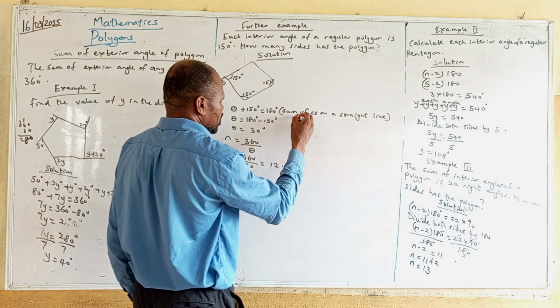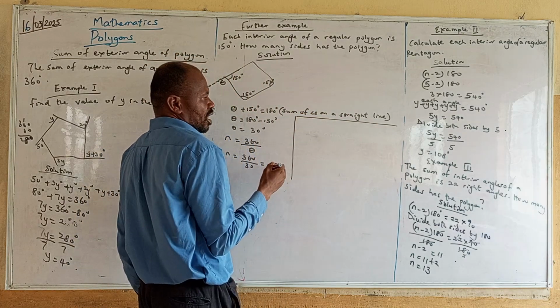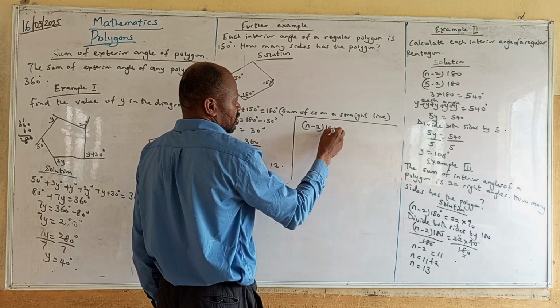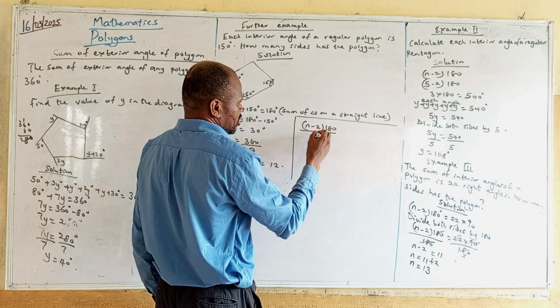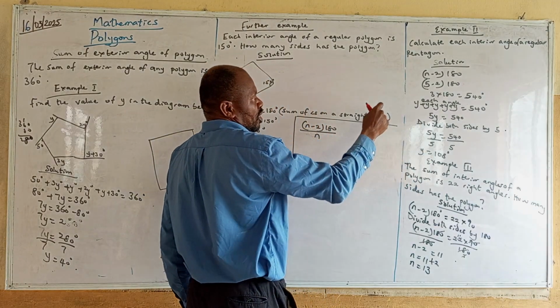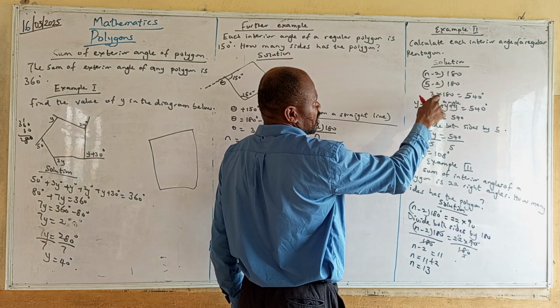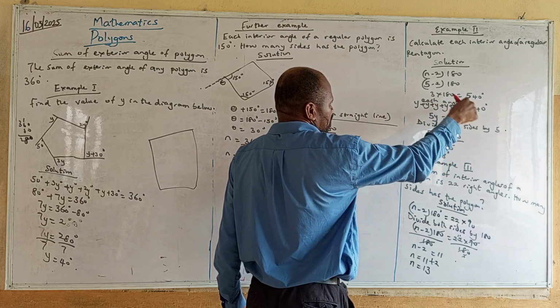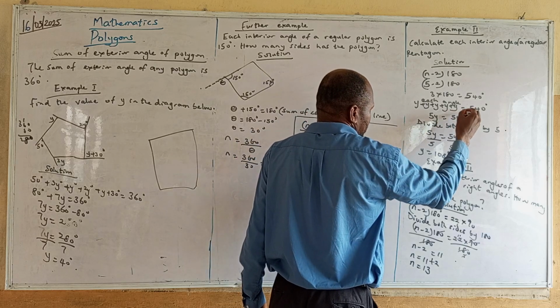Alternatively, let me solve it in another way. I can have it as (n minus 2) times 180 divided by n, just like what we did when we calculated each interior angle of a regular pentagon. The total sum of all the interior angles is 540 degrees.